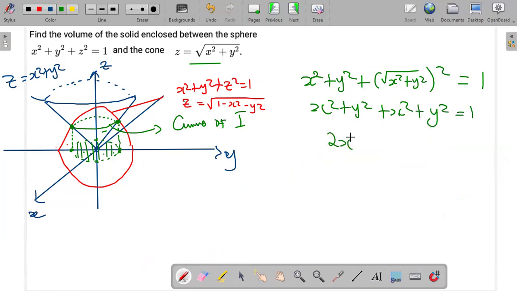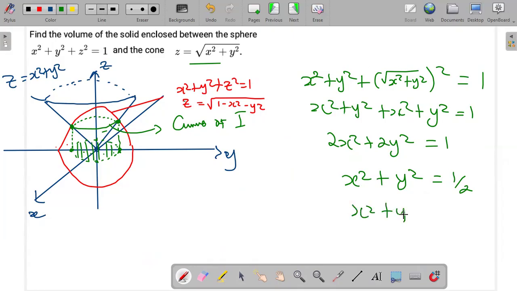So this will be 2x squared plus 2y squared is equal to 1. Divide everything by 2. We get x squared plus y squared is equal to 1 over 2. So this will simply mean x squared plus y squared, and then 1 over, let me not confuse people, the square root of 1 over 2 squared.